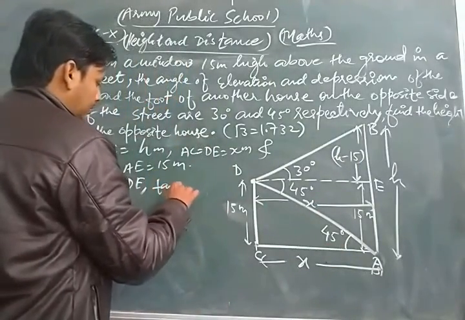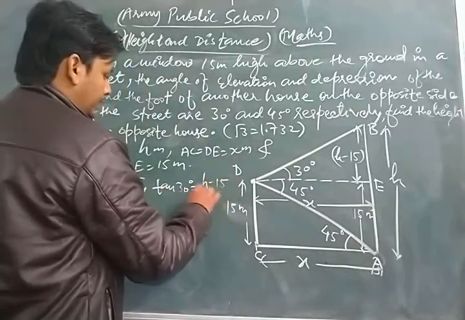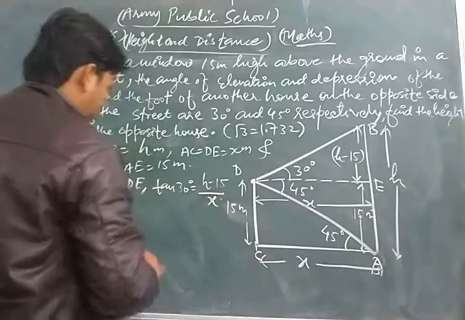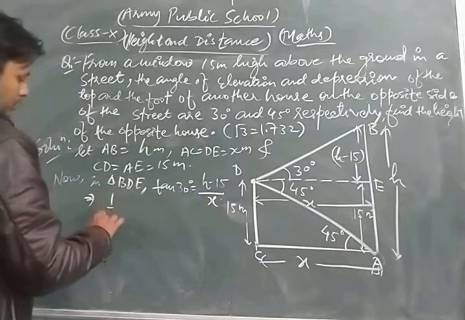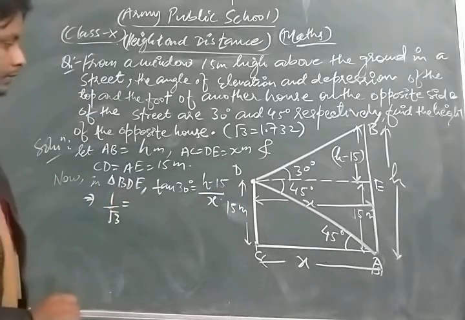In triangle BDE, tan 30, because perpendicular upon base is tangent. Perpendicular is H minus 15. Base is DE, that is X. Now the value of tan 30 is 1 upon root 3.